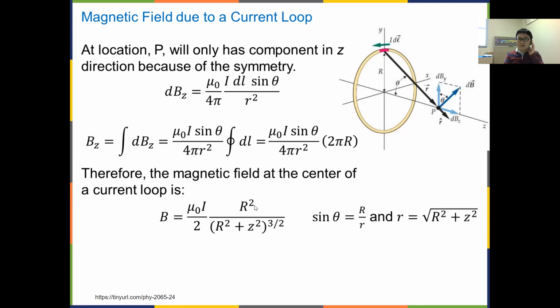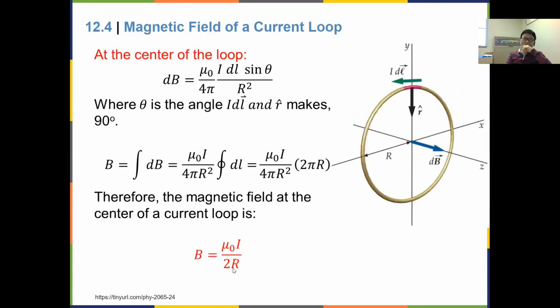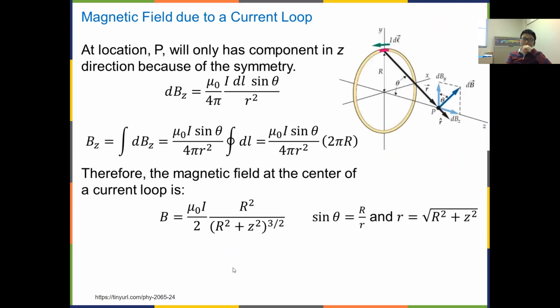One r comes from this one, the other comes from the sine of theta. If z goes to 0, that means z is at that point, so this reduces back to what we had before, with r cubed at the bottom, similar to this result.